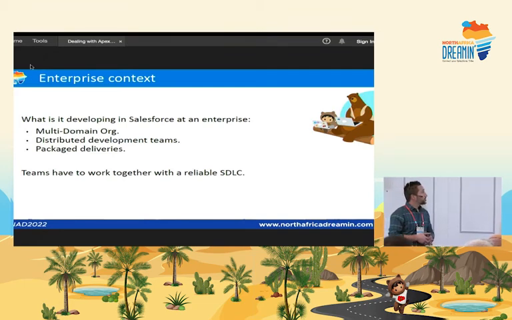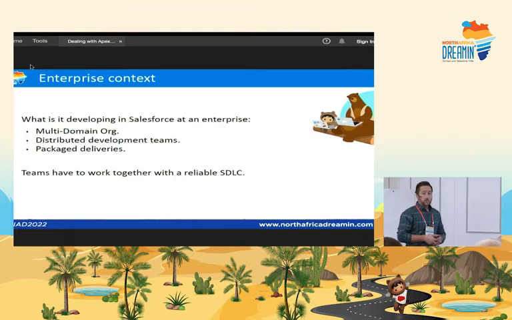Additionally, it's important to define a package delivery system for all the teams to work together in the same environment without blocking each other. And lastly, it's really important to own a reliable software development lifecycle if you want to develop new features in Salesforce in a smooth and easy way under this context.